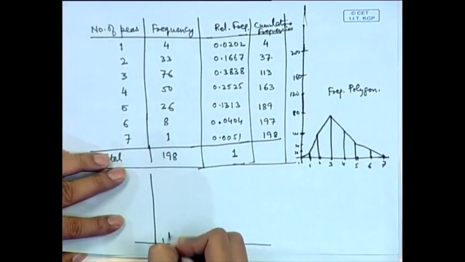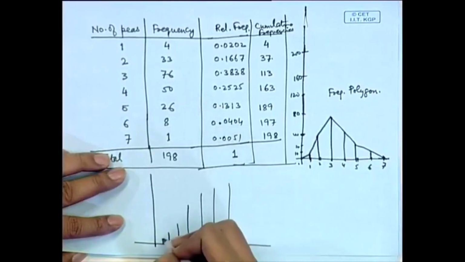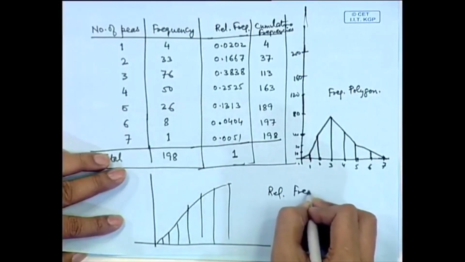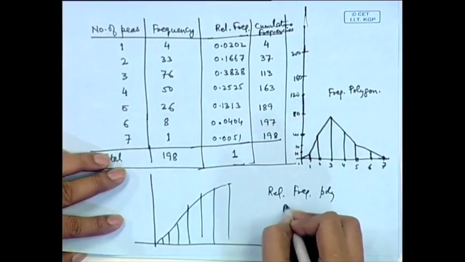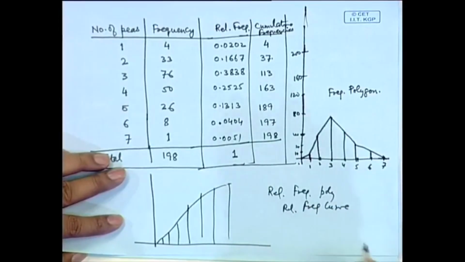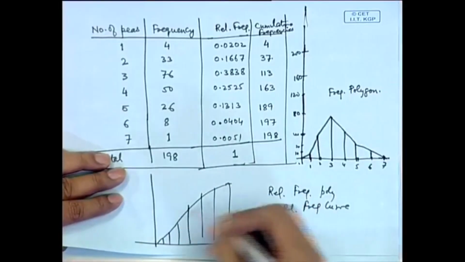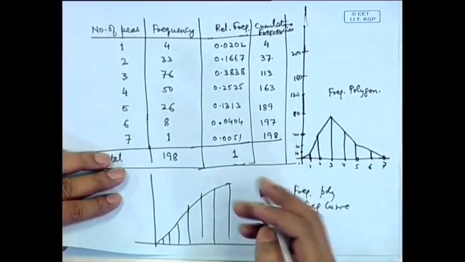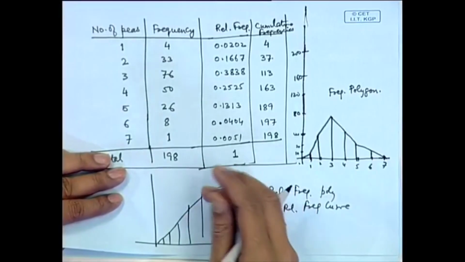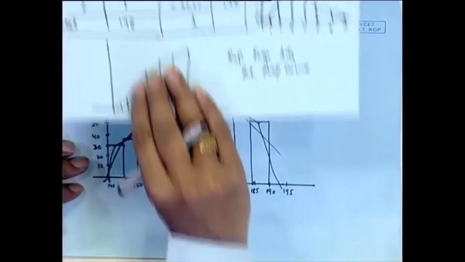So, naturally this will be increasing based on the values here, and if we join that, this is known as relative frequency polygon or relative frequency curve, depending upon how we join them. So, the slope, or you can say the steepness by which it is increasing, tells the relative importance of each value of the variable, because that will tell how much frequency is allotted to that one.